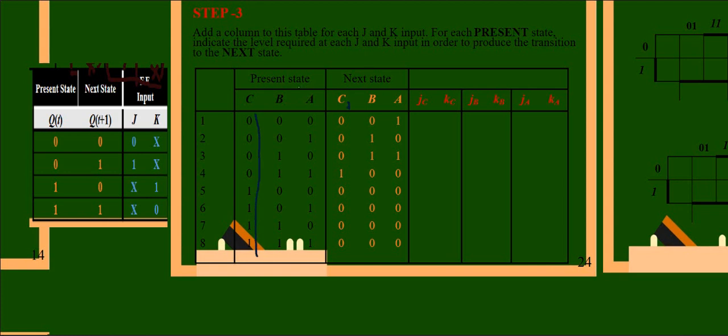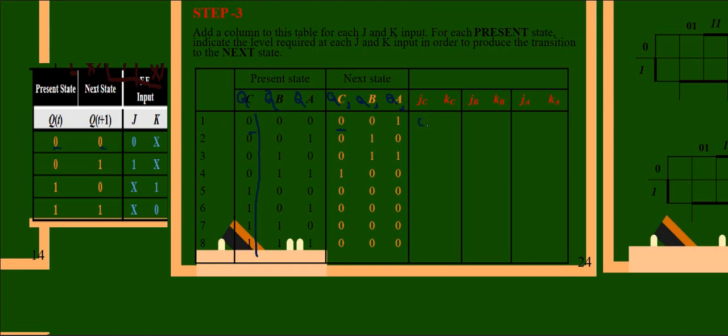We call this QC, this QB, and this QA. These are the previous states of the flip-flops, and the next states we call QC plus, QB plus and QA plus. First it goes from 0 to 0. In the excitation table, if it is 0 to 0 it is 0 don't care.